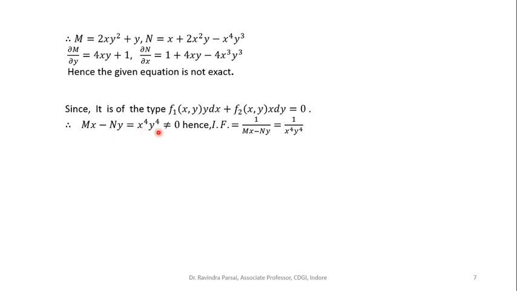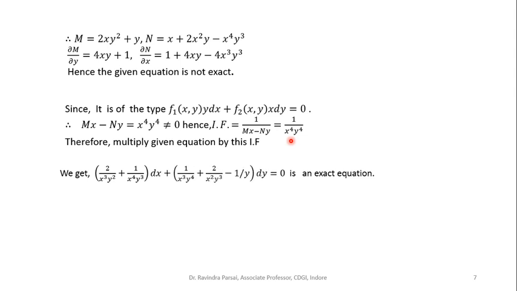It is x y to the power 4, which is non-zero, therefore its reciprocal is the integrating factor. Multiply the given equation by this factor, so we get 2 upon x cube y square plus 1 upon x to the 4 y cube dx plus 1 upon x cube y to the 4 plus 2 upon x square y cube minus 1 by y dy equals 0, which is an exact differential equation.